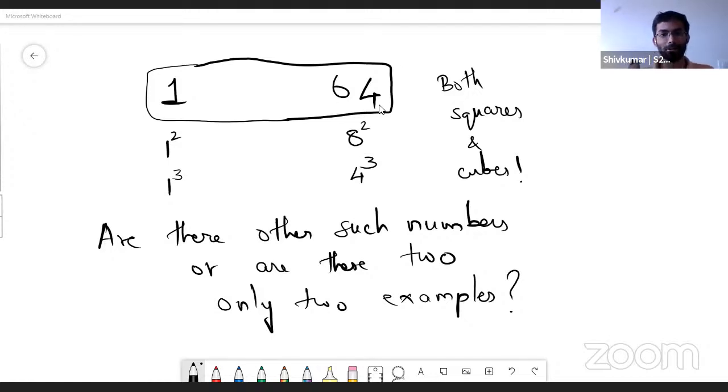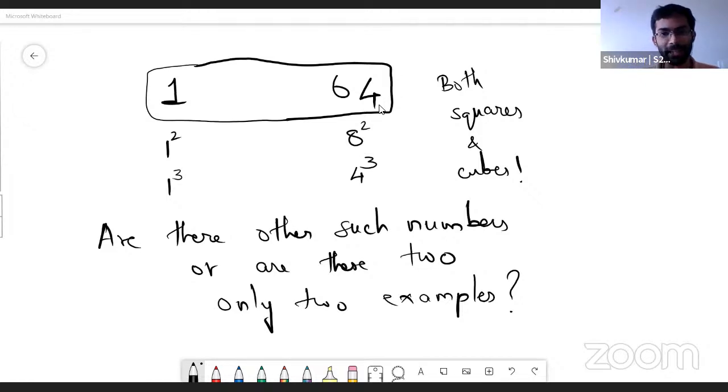Okay, Chinmay Bhagat also feels that there are infinite such numbers. So can anyone give a possible reason? Because there are infinite real numbers, we have infinite numbers that are both squares and cubes.